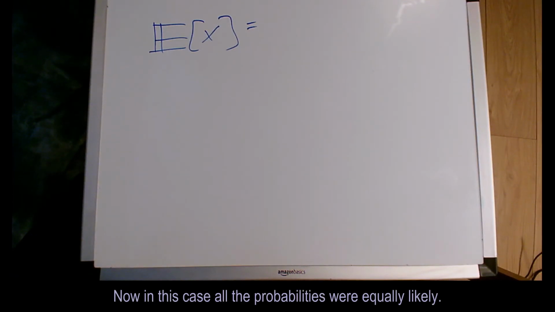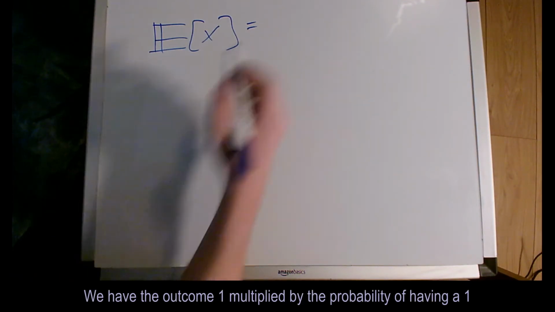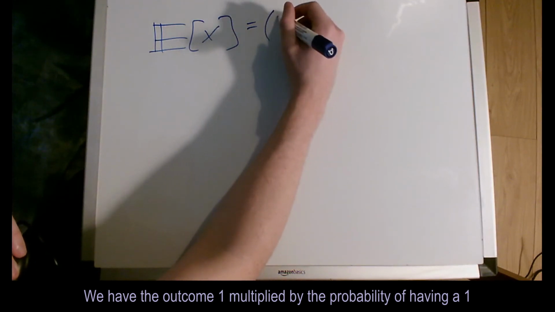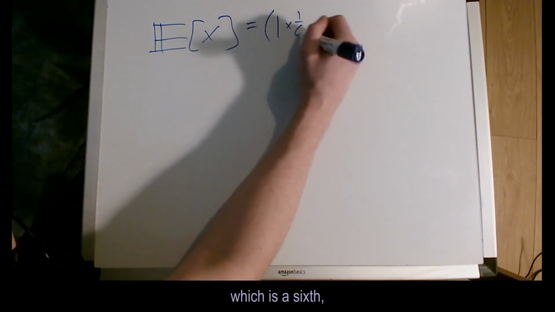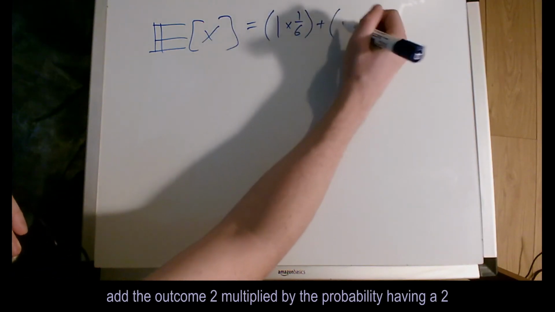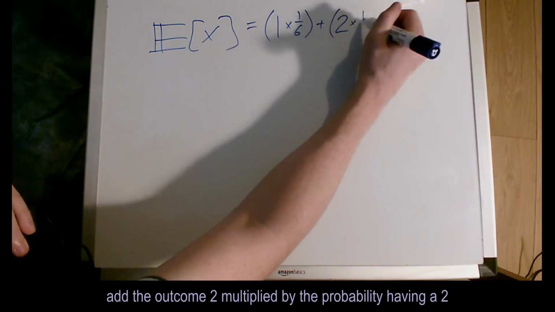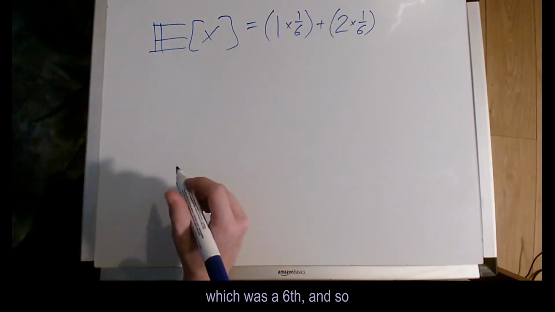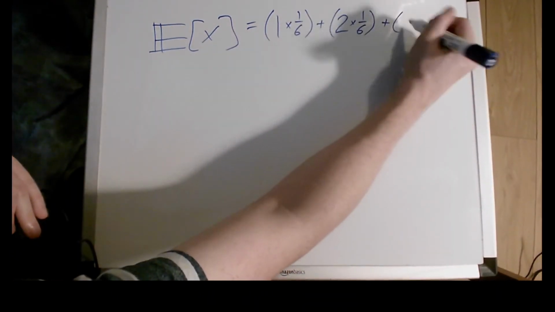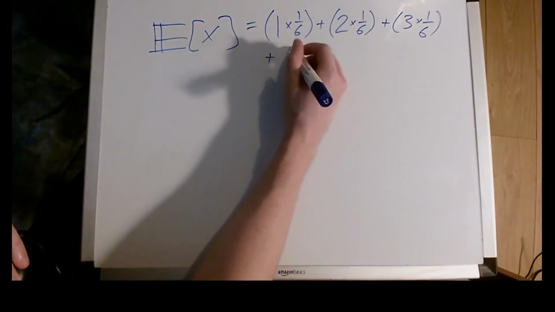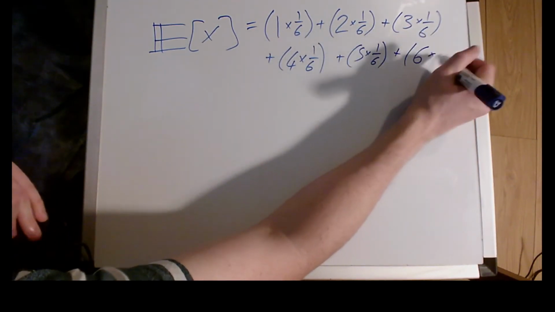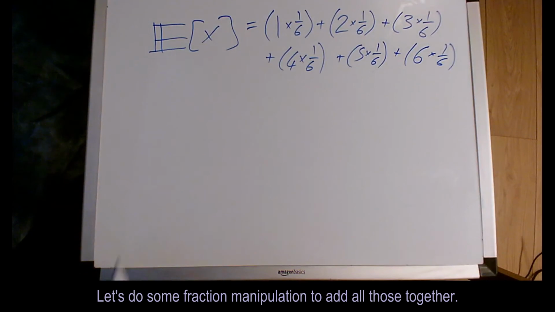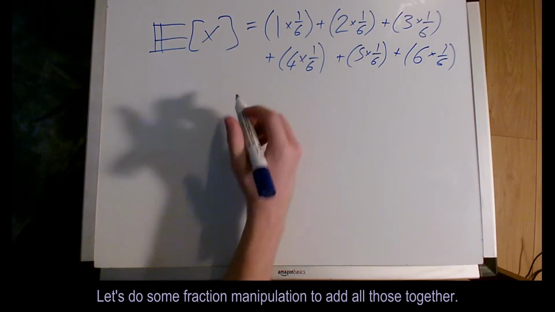Now in this case, all the probabilities were equally likely, but we have the outcome 1 multiplied by the probability of having a 1, which is a sixth, add the outcome 2 multiplied by the probability of having a 2, which was a sixth, and so on. Let's do some fraction manipulation to add all those together.